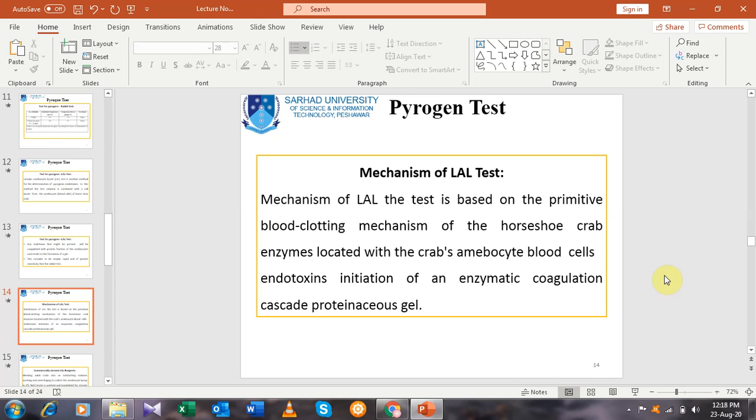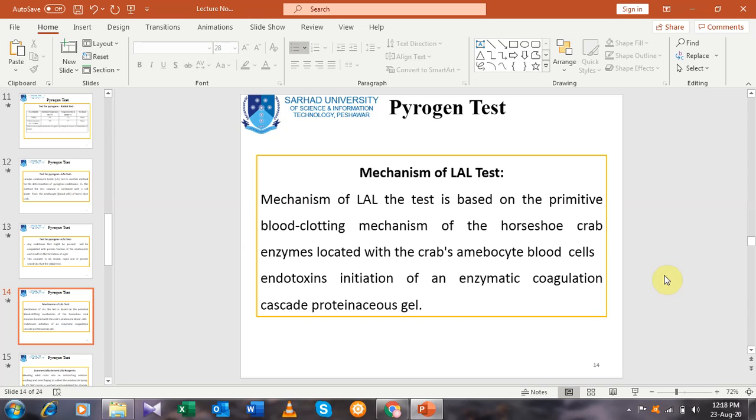I have already told you that if we have contamination, that is endotoxin present in the formulation or testing sample, then this will be coagulated with the certain enzyme or protein present in the LAL solution or test solution.